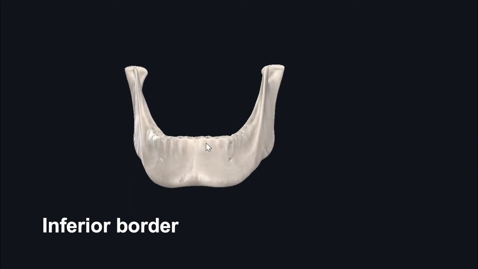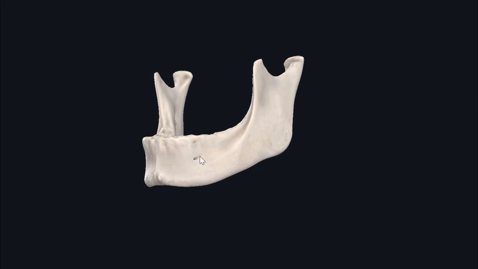Now, talking about the outer surface, there are some features. Laterally here, opposite to the second premolar or in between the second premolar and first molar teeth, there is a foramen called the mental foramen.